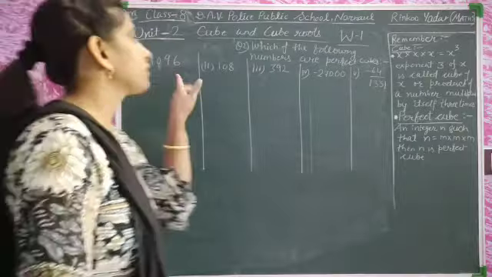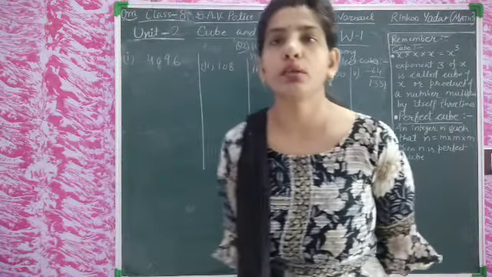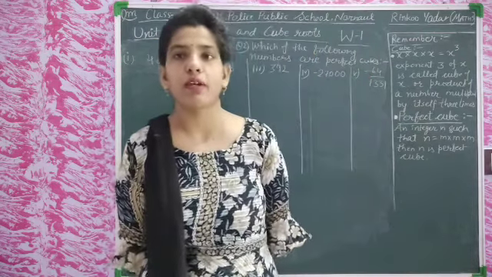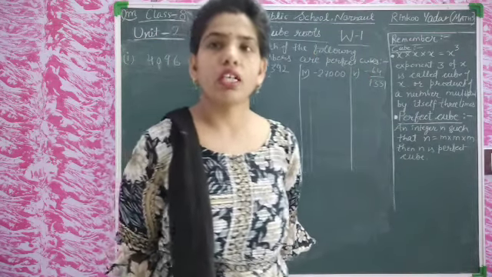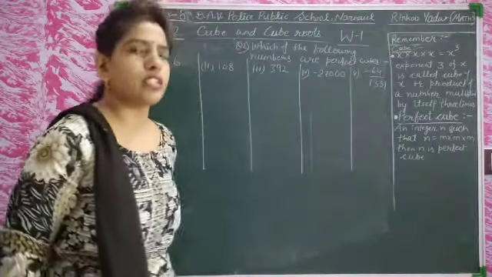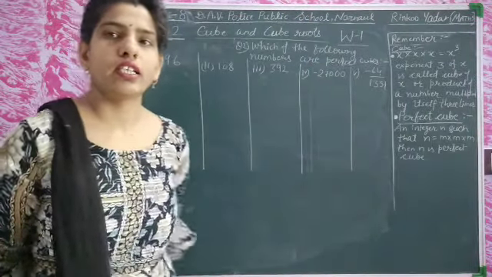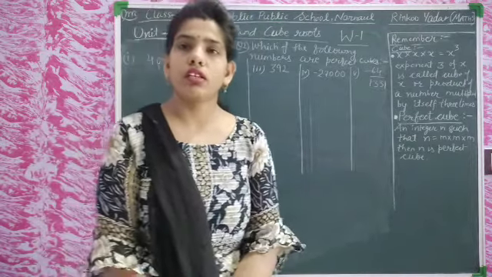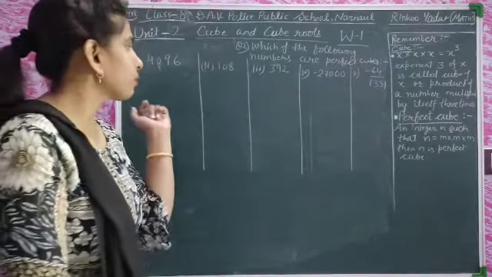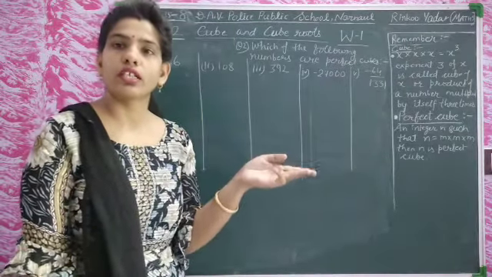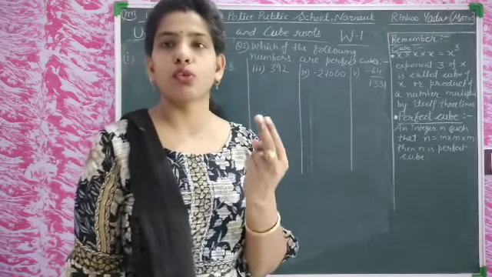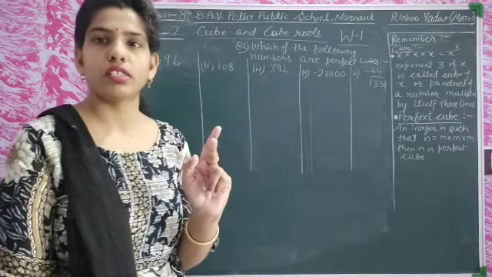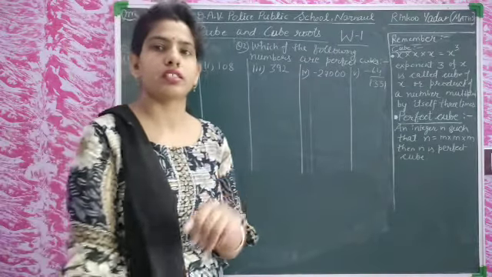There is 4096. Let's check by prime factorization, which we have already done in square and square roots. Now we will see, but there is a normal difference: here we will do the grouping of three numbers, whereas in square and square roots we grouped two same numbers as one group, and the next two same numbers as the next group.